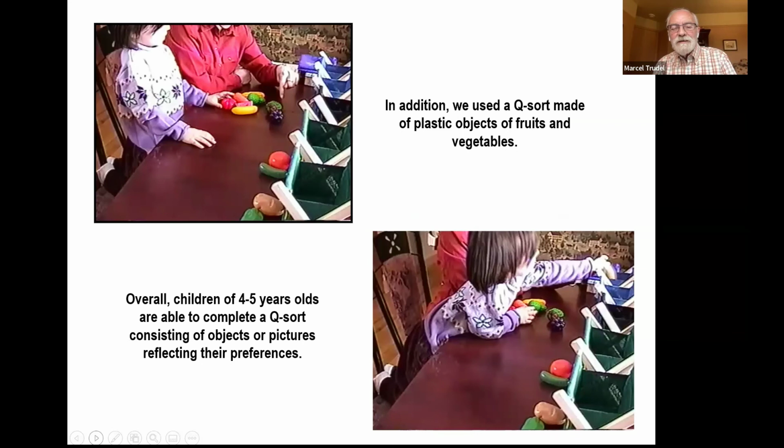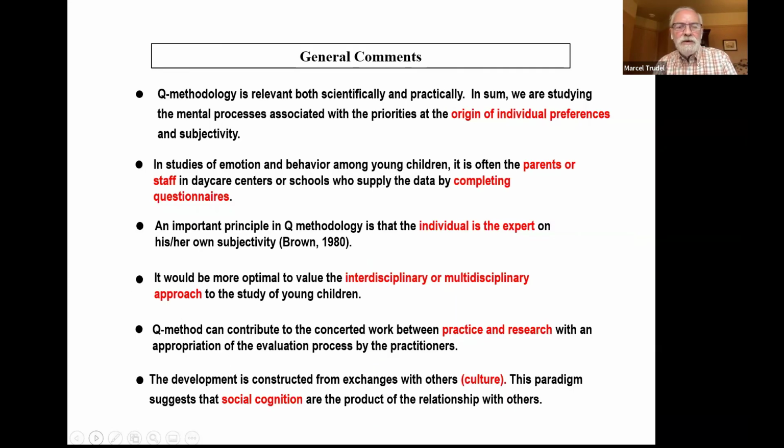I'm convinced of that. So next, it's a general comment. Humanology is relevant both scientifically and practically. In summary, studying mental processes associated with priorities at the origin of individual preference or subjectivity.